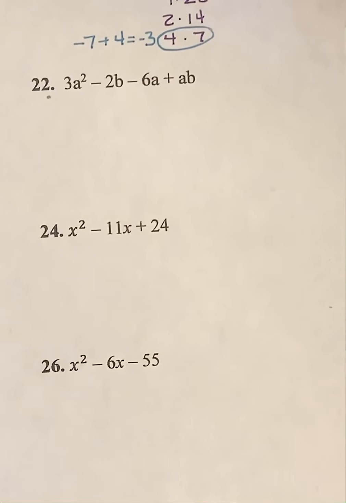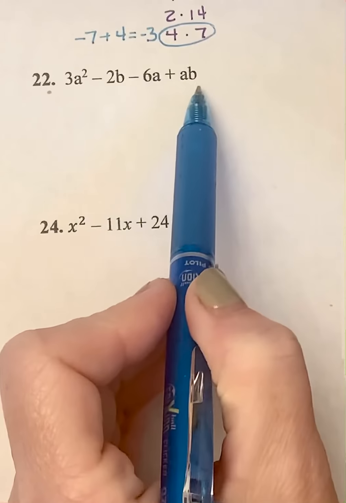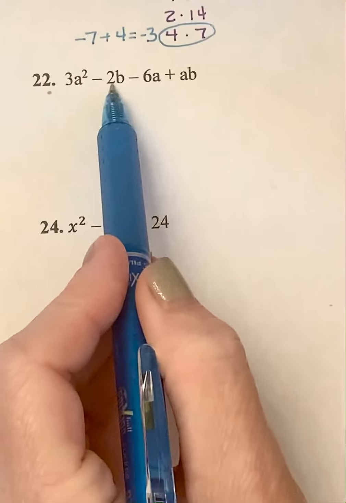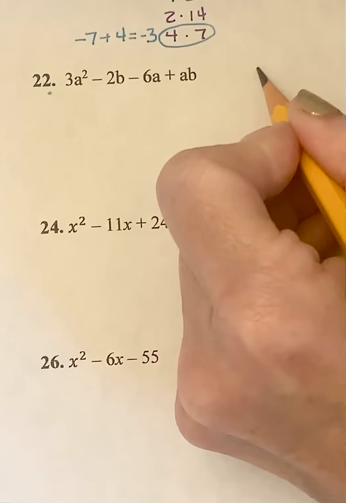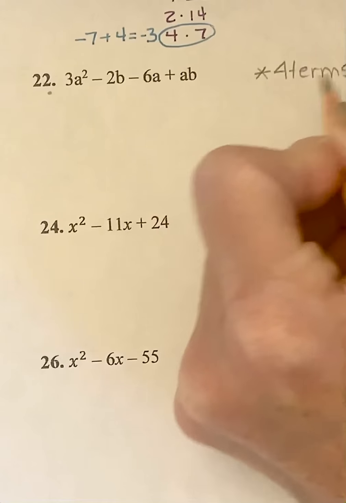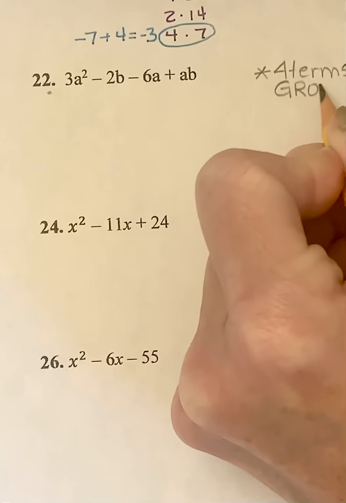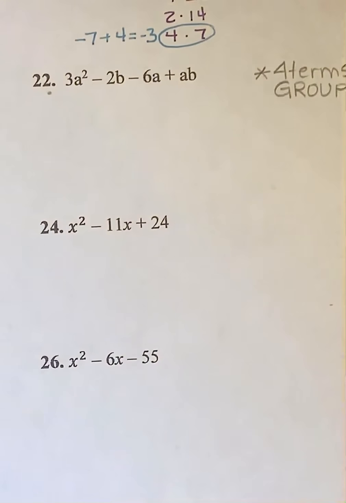All right. Is there a greatest common factor? Let's see. Nope. Is this a trinomial? No, this is not a trinomial. It's 4 terms, so we will use grouping.